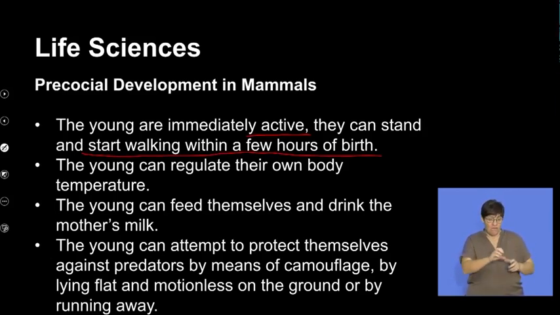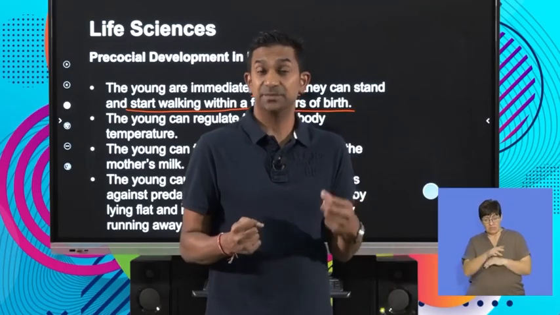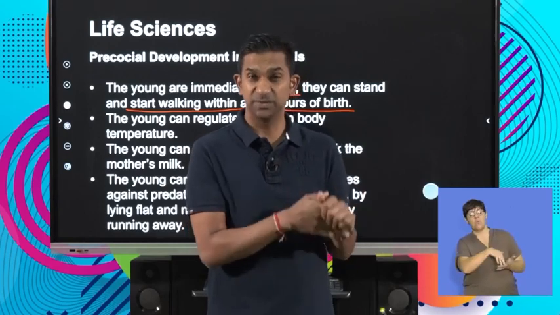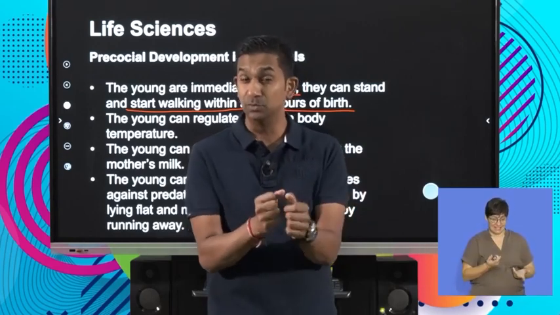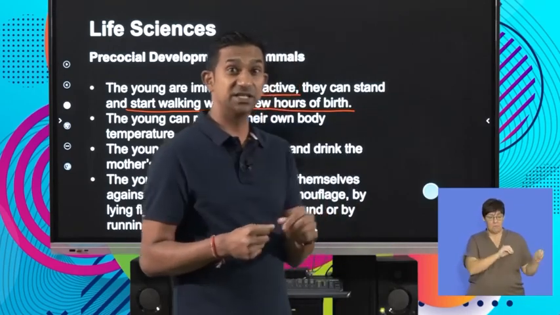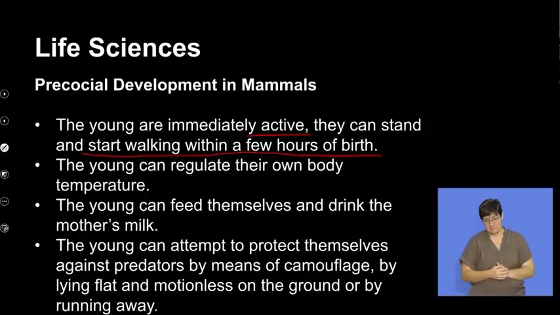So one of the challenges in the environments that they face is that predators are constantly looking for young, weak individuals. So being able to survive, being able to move immediately after being born is a successful strategy in terms of survival. We also find that the young can feed themselves and drink milk from the mother.